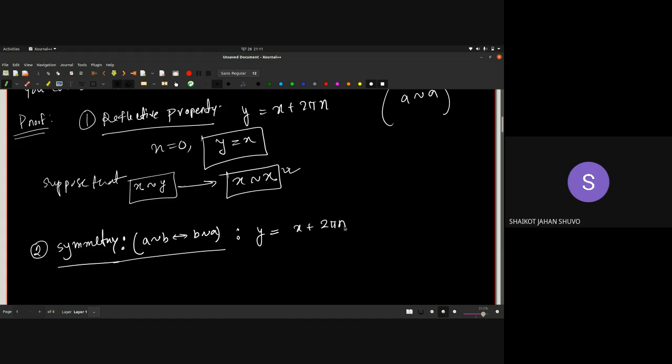And now what we say is that for all n belonging to Z, x plus 2 pi n belongs to R, because x already belongs to R, and for any n that is an integer, x plus 2 pi n is also in R.